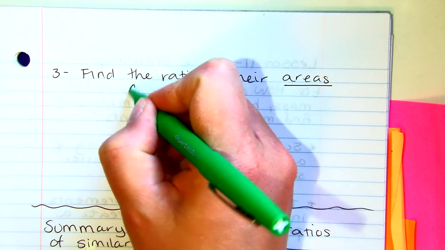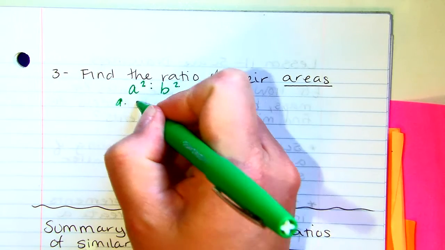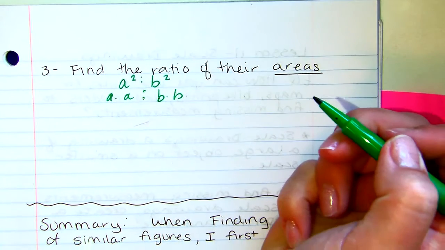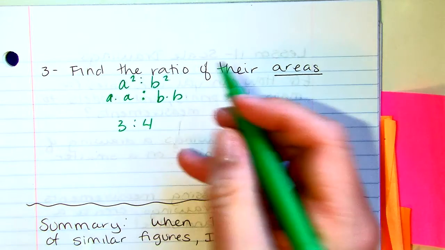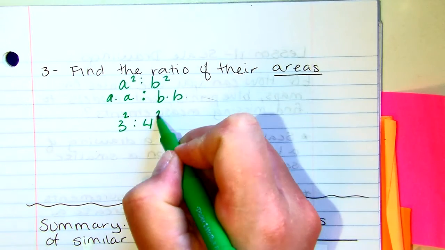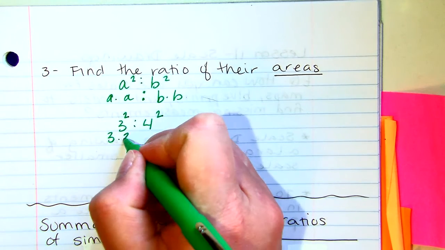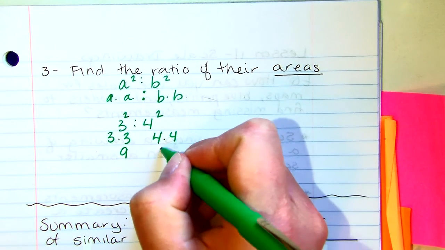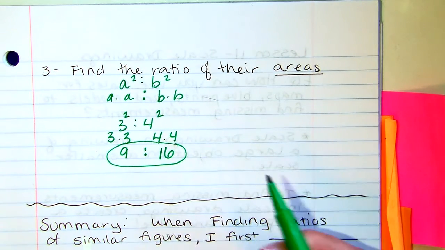So it's going to be A squared to B squared, which is A times A to B times B. Here, if our scale factor is 3 to 4, the ratio of our areas is going to be 3 squared to 4 squared. 3 squared, or 3 times 3, is 9. 4 squared, or 4 times 4, is 16. So the ratio of their areas is going to be 9 to 16.